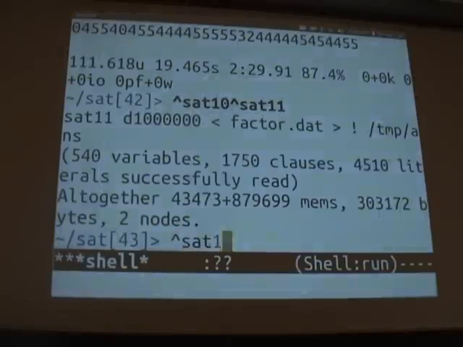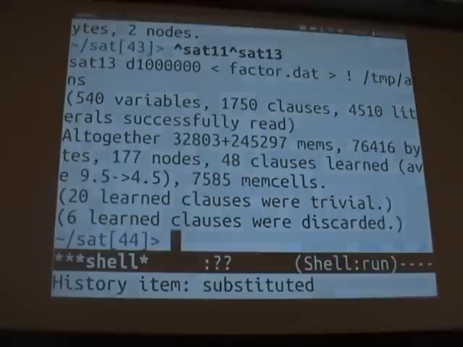And then another one that I don't have online yet, because in fact I found a bug in it last night. But this is my conflict-driven solver, and this one does it in less than 250,000 memory references. So at least, and I did check the answer. It was this.